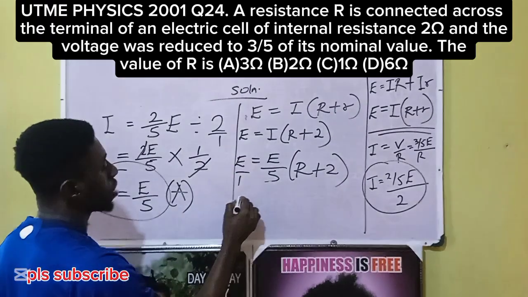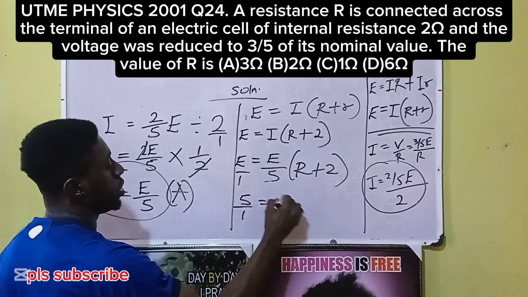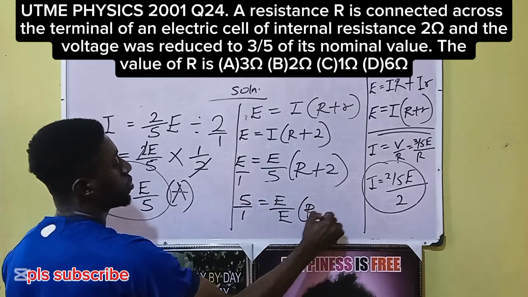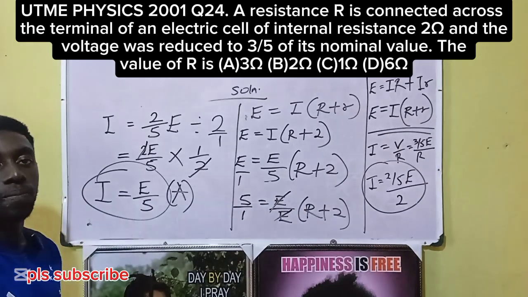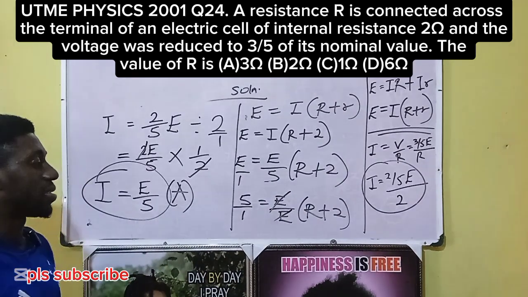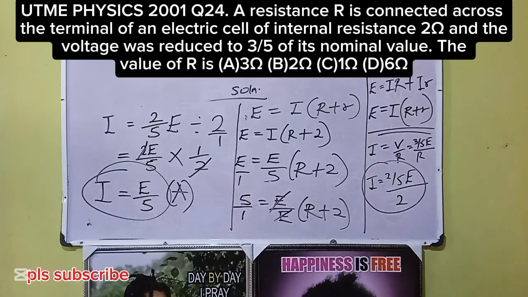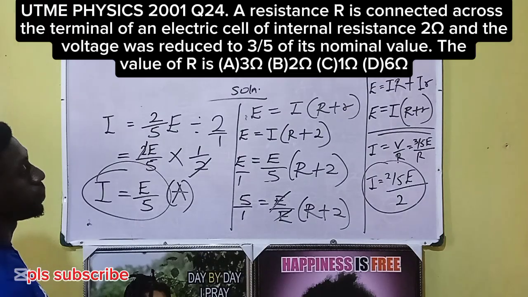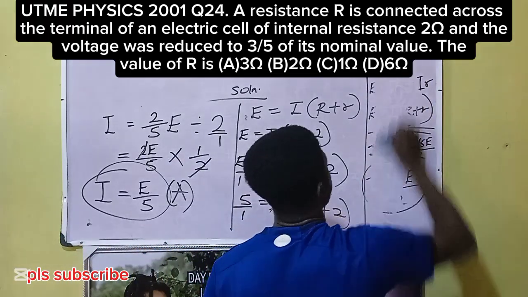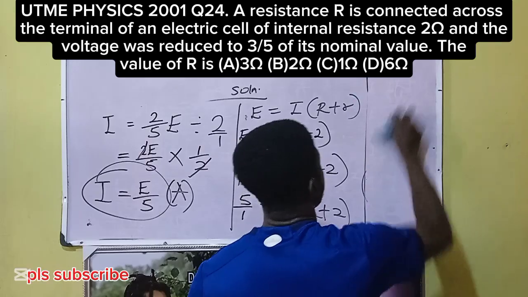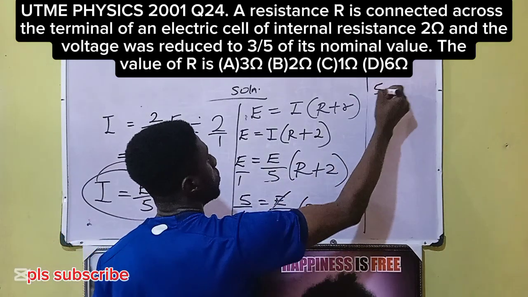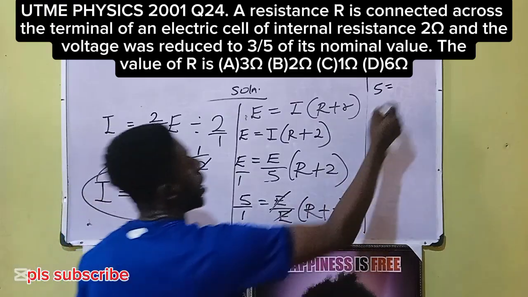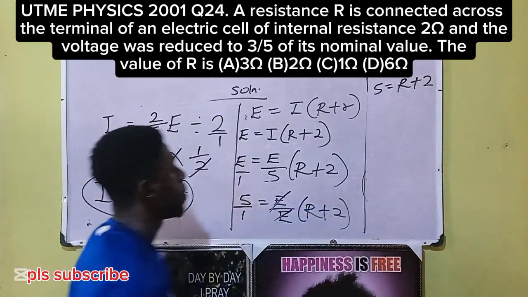I'm having 5 over 1 is equal to E over E, R plus 2. So that E can cancel E. That's a rule of mathematics. I now have 5 is equal to R plus 2.